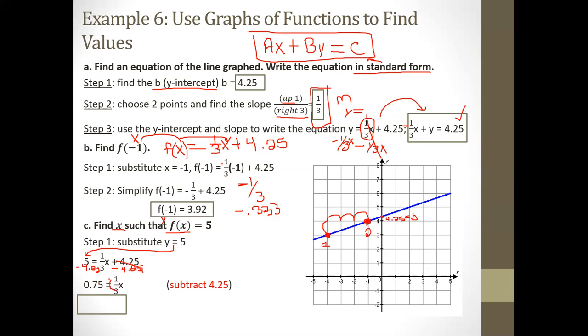Remember, we flip the fraction, and that becomes 3/1. 3/1 is the same thing as 3, and we multiply both sides of the equation by that reciprocal 3. And when we do that, we'll get 2.25. That's the value of x when f of x is 5.